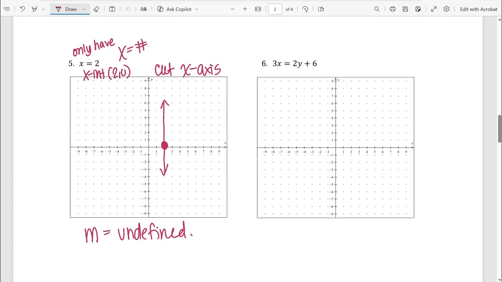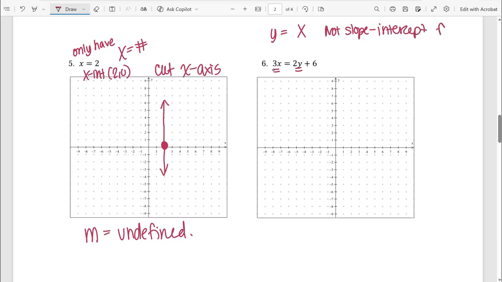Now example 6 shifts gears a little bit because notice I have it looking a little weird. I have x, I have y, they're on weird sides. They're not together. But what else I notice is that at least I know that y is not by itself. So this is not slope intercept form.